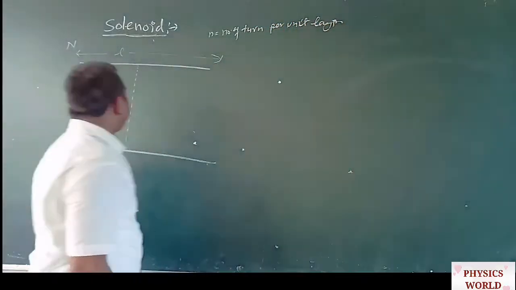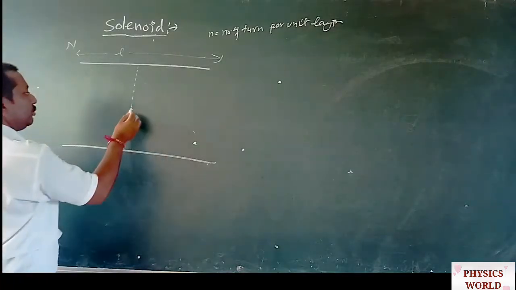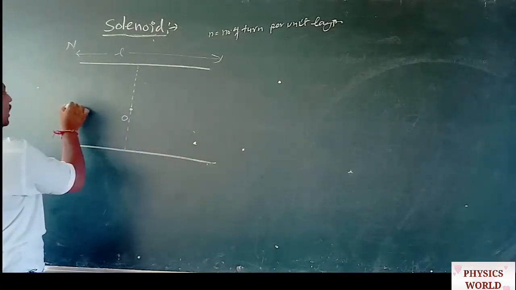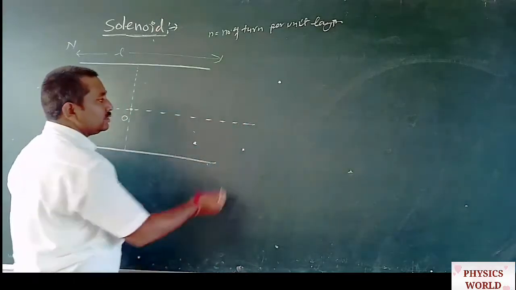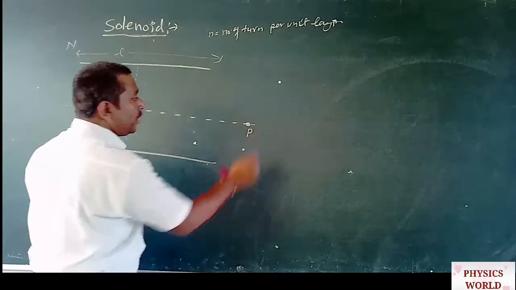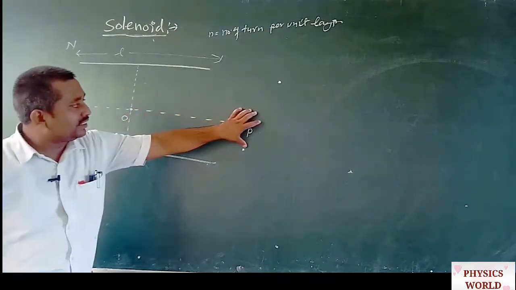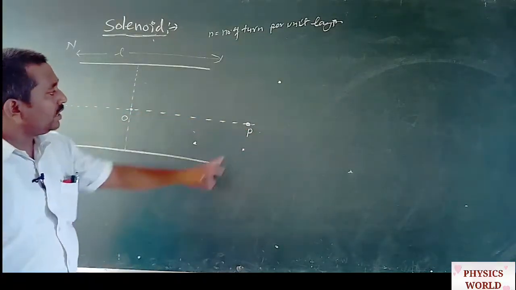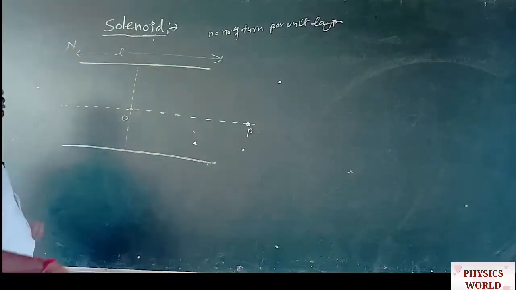So if we assume the midpoint of the solenoid O is here and the axis of the solenoid is here, we can also consider a point P where we want to calculate the total magnetic field induction due to the total current flowing through the coil of the solenoid.